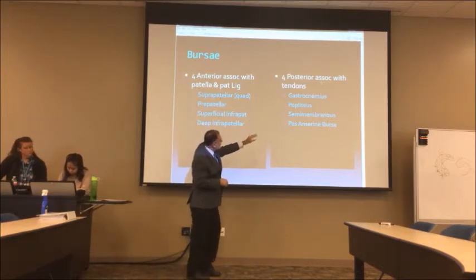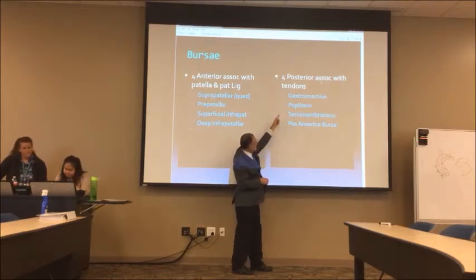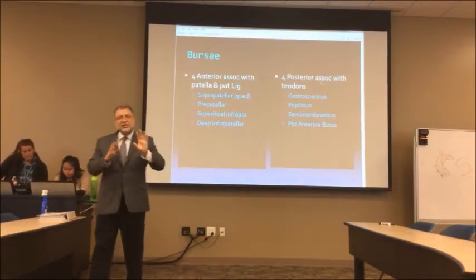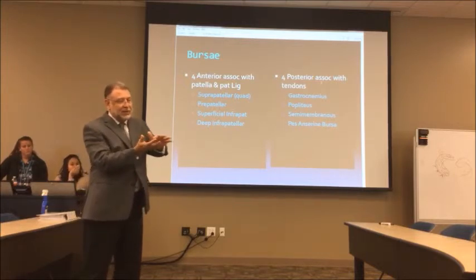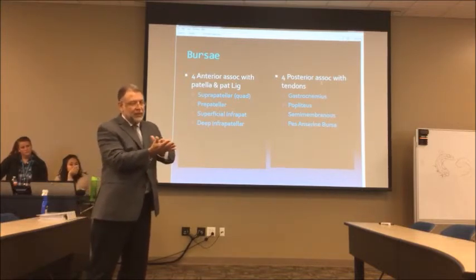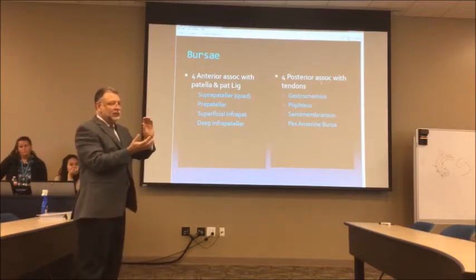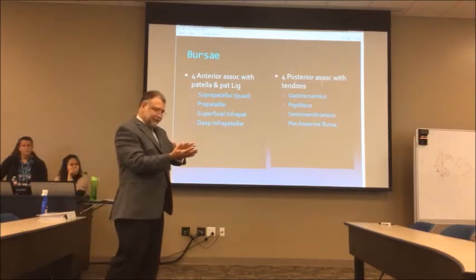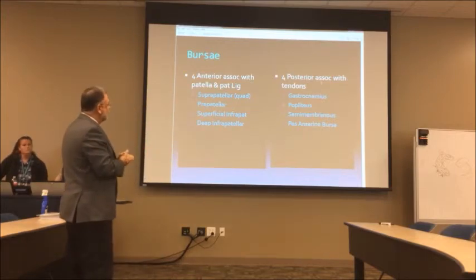Posteriorly, you're going to have bursas directly related with either conjoint tendons, such as the pes anserinus, or specific muscles, such as the gastrocnemius, the semimembranosus, and the popliteus. So a bursa is related with a structure being placed under friction, some rubbing, some action in that area, and it needs a little more support, like a cushion, so it won't be damaged in any way.